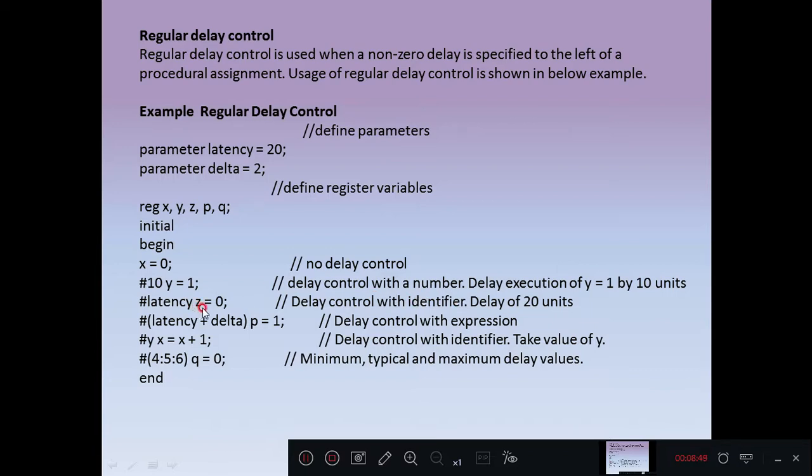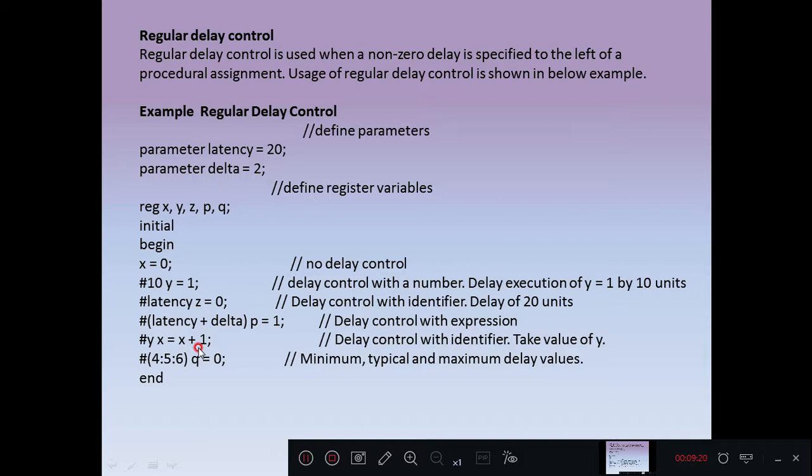So Z will get value 0 after an additional 20 time units. Then #(latency + delta), that is 22 time units after that, P will get value 1. Then whatever value is updated in Y, we updated at time 10 with 1, so #Y. So here you can observe the identifier acts as a delay control. The value of Y will be part of the delay here, and X will get the value updated as X + 1.